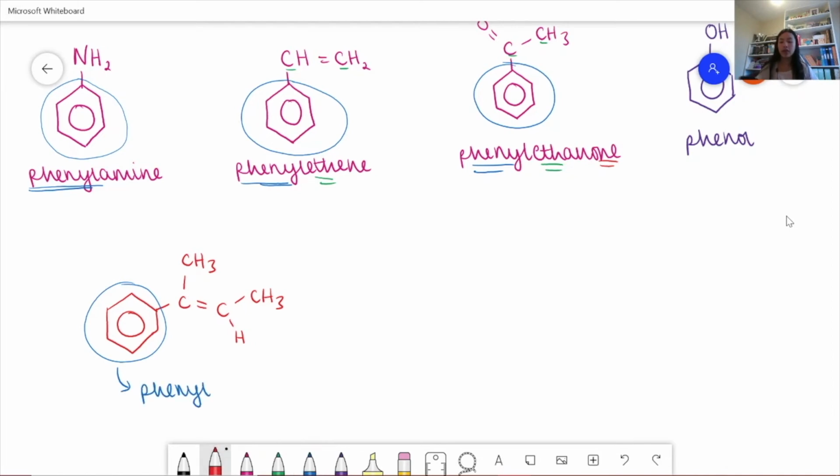And so the name we give this is 2-phenylbutene. And we have 4 carbons in the main chain, and this is why we get but-, because we have 1, 2, 3, 4 carbons in the alkene chain. And then we have this double bond here on the second carbon, and this is how we get the 2. And then the phenyl is also on the second carbon, and so this is how we get the 2 here.